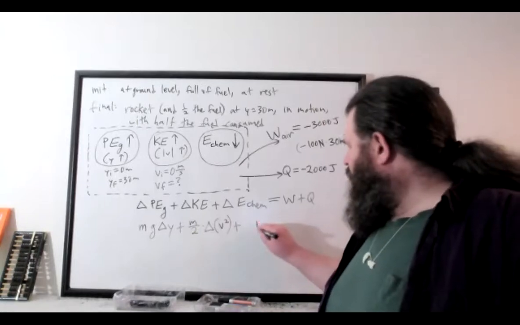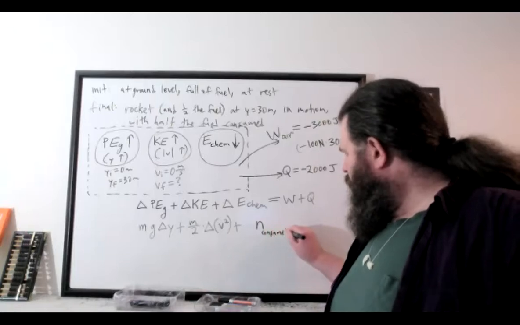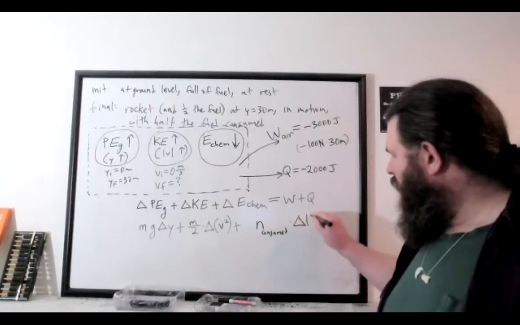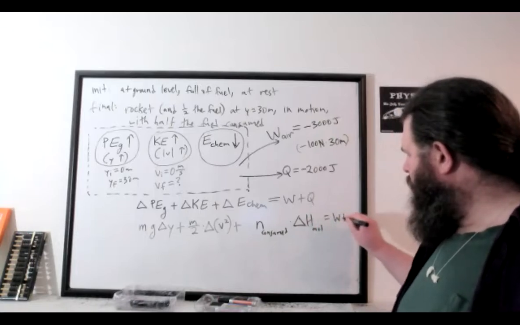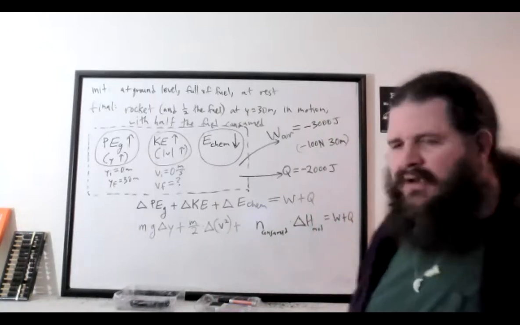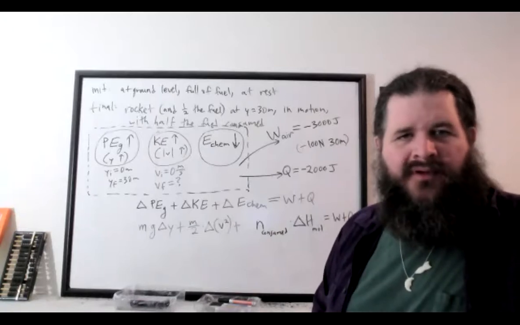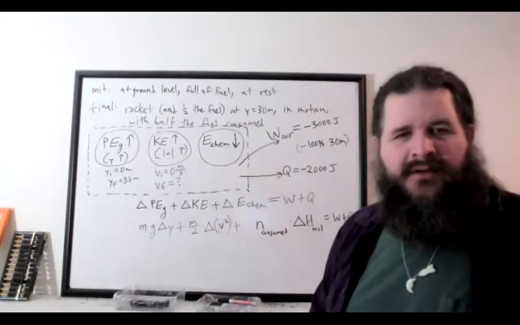So we've got number of moles consumed, times delta H per mole. Also, we've got to be careful about sign here. If we're consuming some number of moles of fuel, is the chemical energy increasing or decreasing?